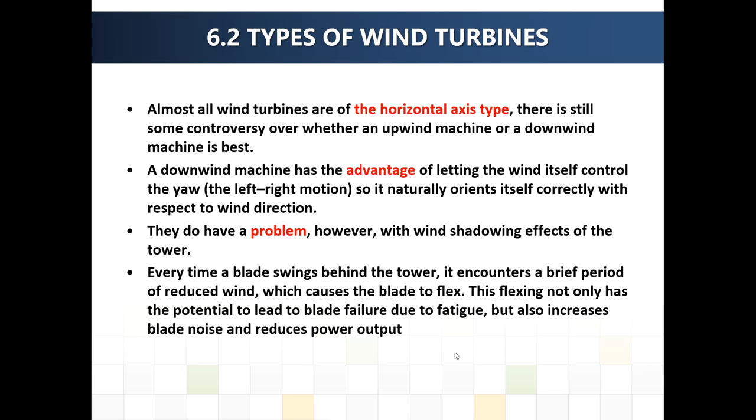But they do have a problem: the wind shadowing effect of the tower. Every time a blade swings behind the tower, it encounters a brief period of reduced wind, which causes the blade to flex. This flexing not only has the potential to lead to blade failure due to fatigue, it also increases the blade's noise and reduces power output.